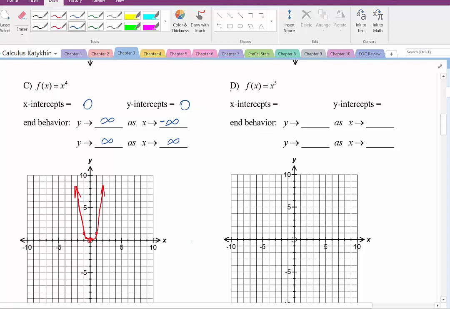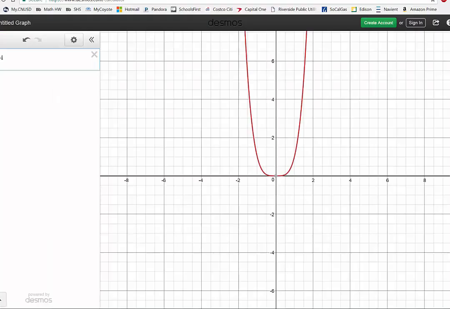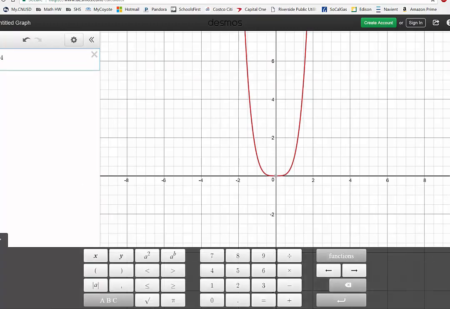Now part d, again, this is x raised to the 5th power, so let's go look at that graph right now. If I give it a shot, notice it's very similar to the same concept as x to the 3rd, but in this case it also flattens out right here, but you still get (1, 1), (-1, -1), and (1, 1).